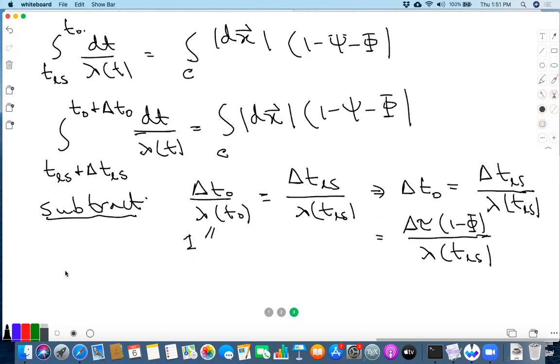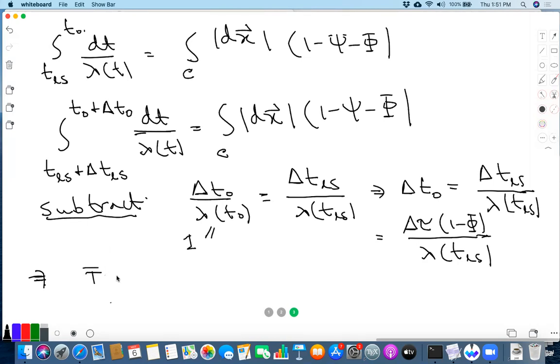So this implies that T plus delta T, or T bar plus delta T over T bar, right? Let's calculate the fractional change. Let me do the T bar plus delta T first.